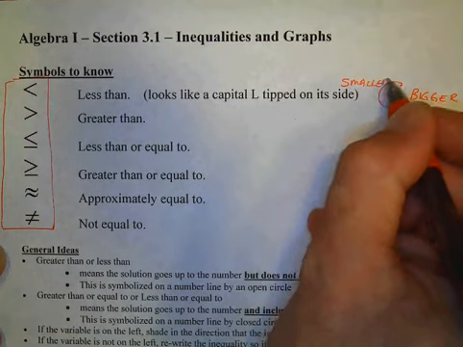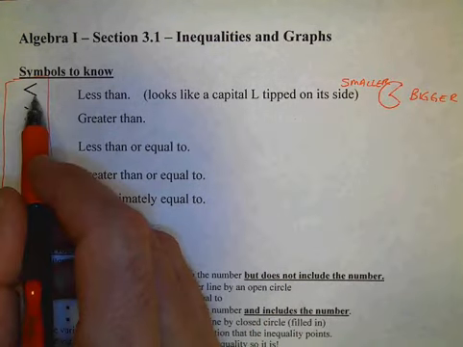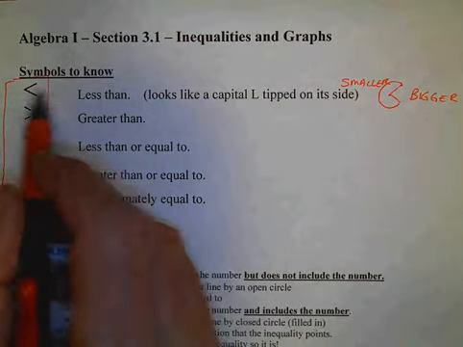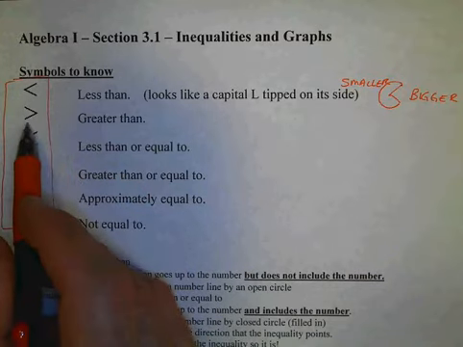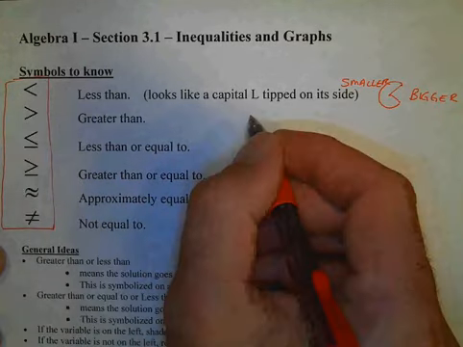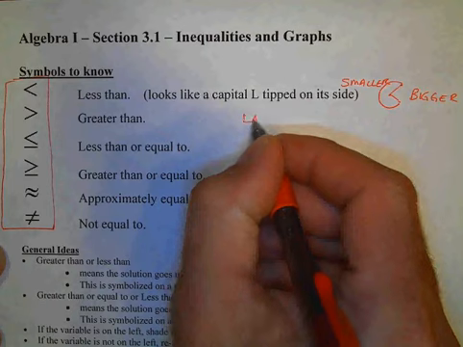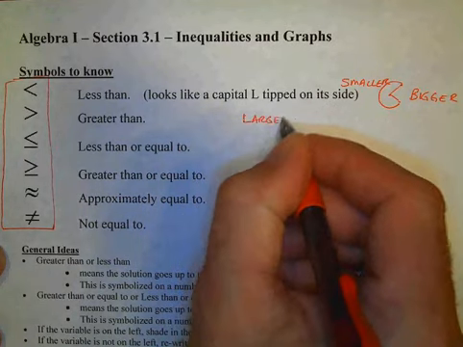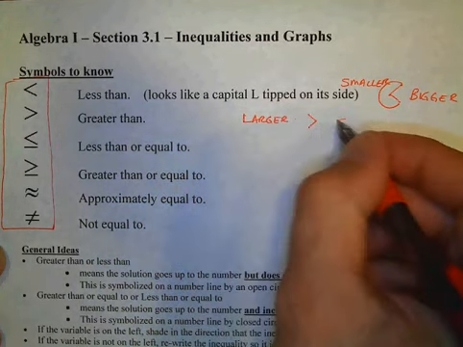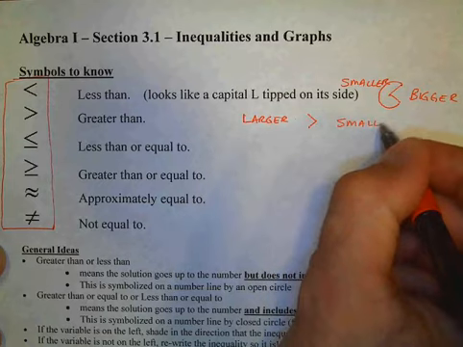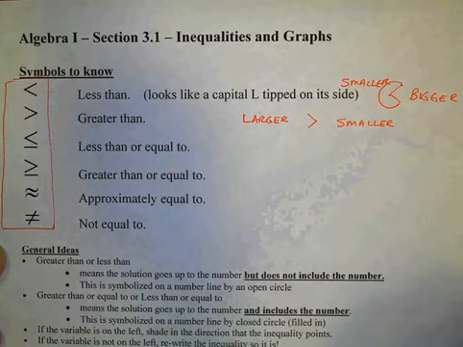So in terms of putting this less than sign, you're going to put the bigger number on the right, the smaller number on the left. The greater than is just the reverse. So when we have a greater than, we have the larger number on the left and the smaller number on the right. So just some general overview and review of those two ideas.